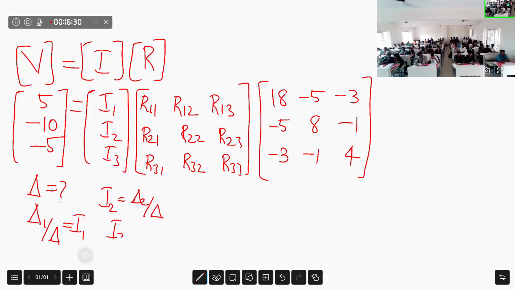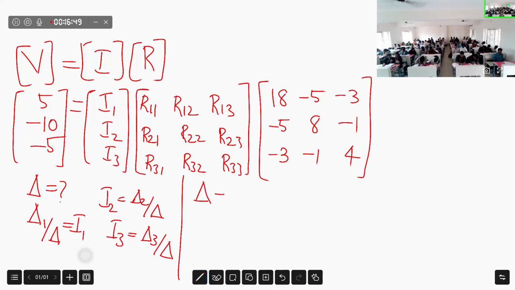Del is equal to the determinant of my matrix: 18, minus 5, minus 3; minus 5, 8, minus 1; minus 3, minus 1, 4. So check this value. Find the determinant fast.